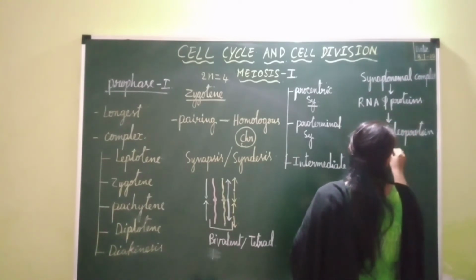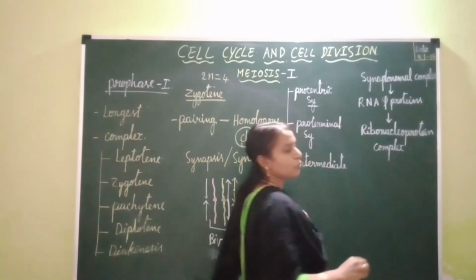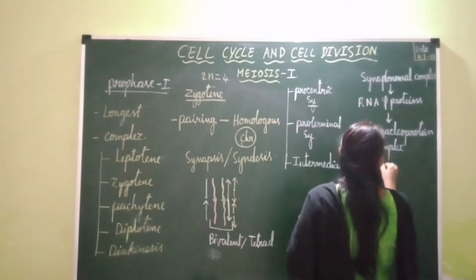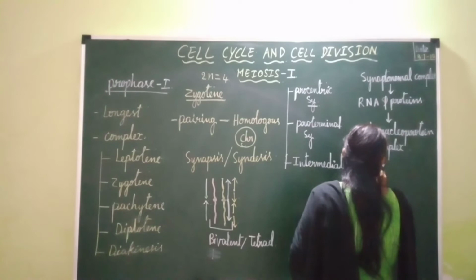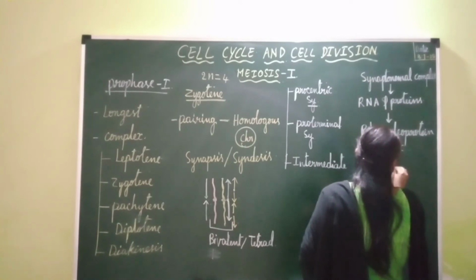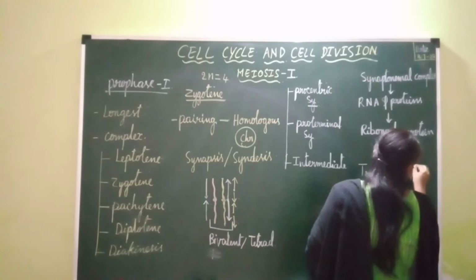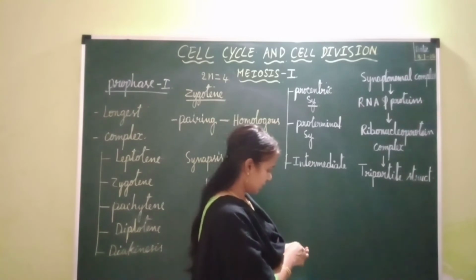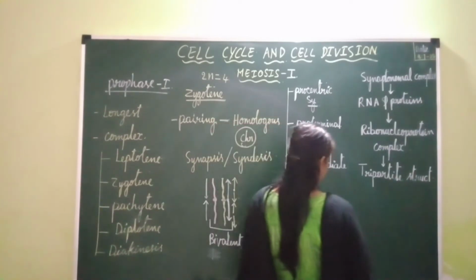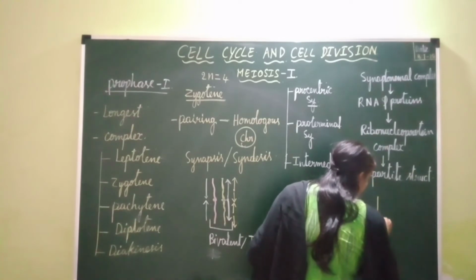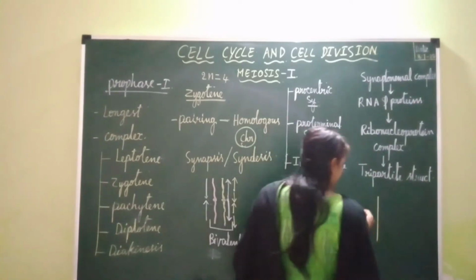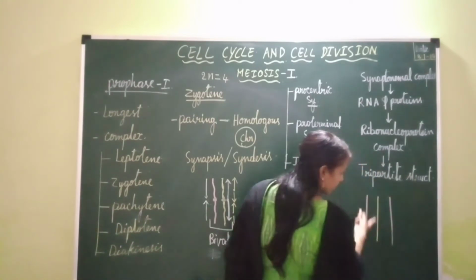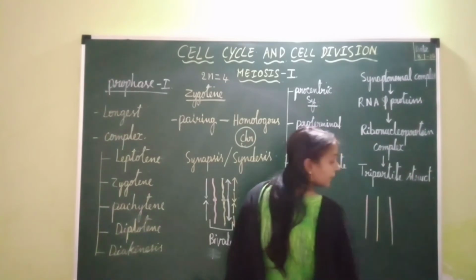Now the synaptonemal complex exhibits a tripartite structure. Let's see what this tripartite structure is. It consists of three types of elements. One is the central longitudinal element, next are the lateral longitudinal elements: one central longitudinal element and two lateral longitudinal elements.